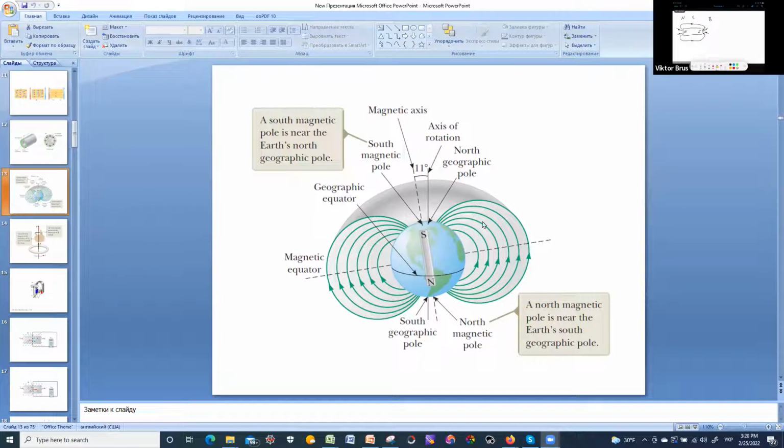As you see, these magnetic field lines go quite far outside from the planet and from our atmosphere. So when charged particles move from the sun, they interact with these magnetic fields.